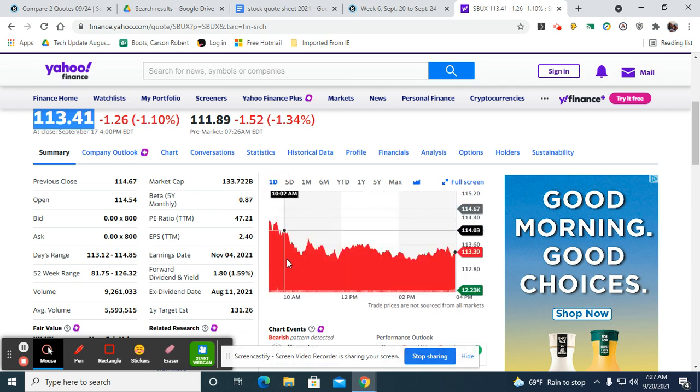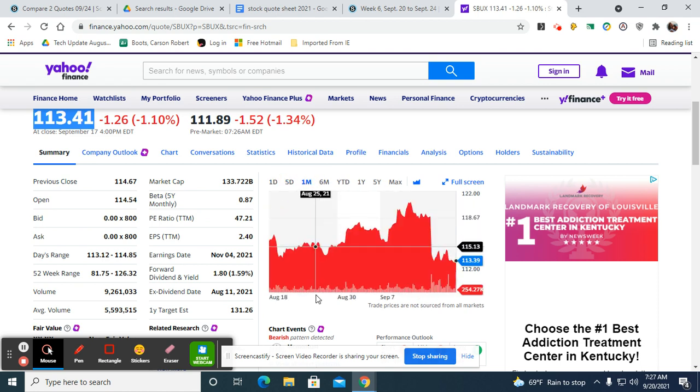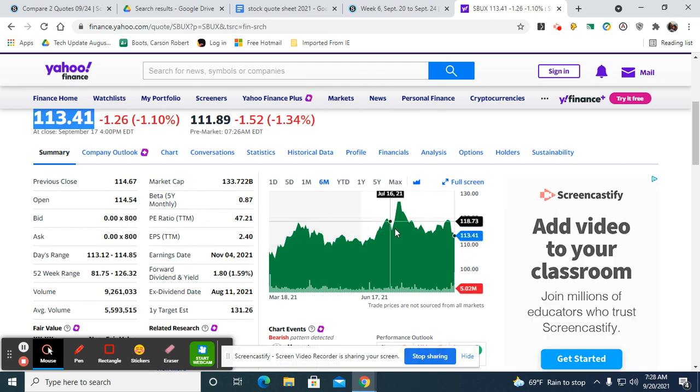Don't panic just because they have a 1 day or a 5 day drop or a month drop. You can see within 6 months where it started versus where it's at, it's still higher. And once it gets to its peak of 126, you don't want to be buying then. You want to buy when it's at its lower so that it has room to grow.